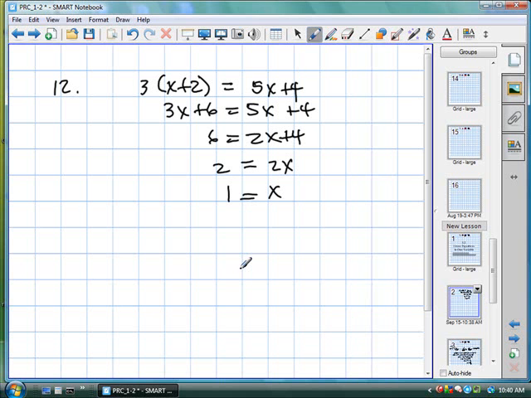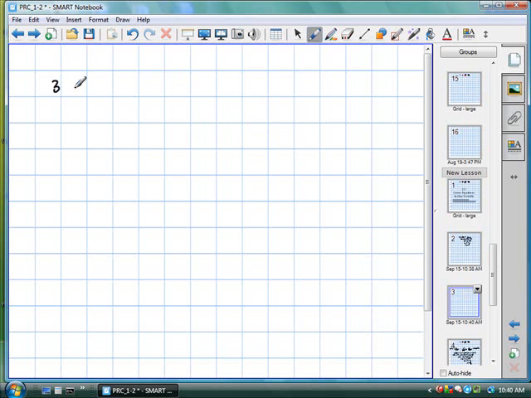Next section, 23 to 38. Solve the equation and check your solution. All right, somebody want to pick one? I'll let you just pick one. I heard a 32, so I'm going to do that. I heard others, but that was first.